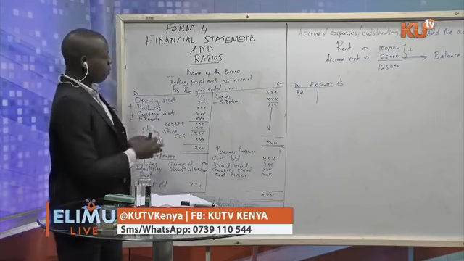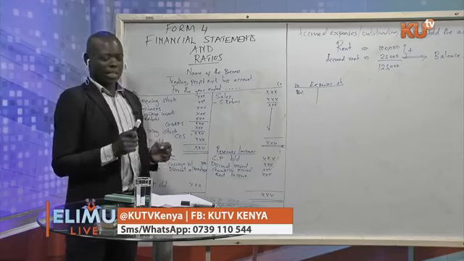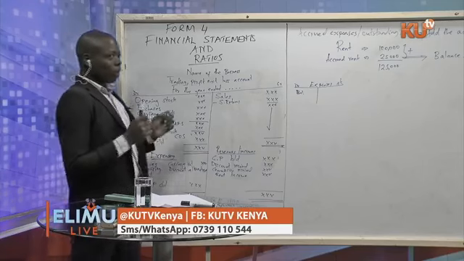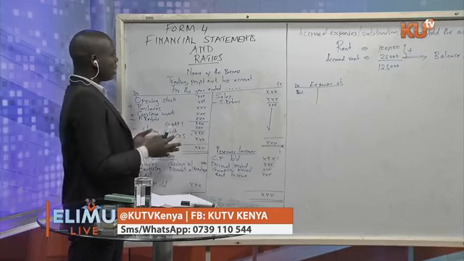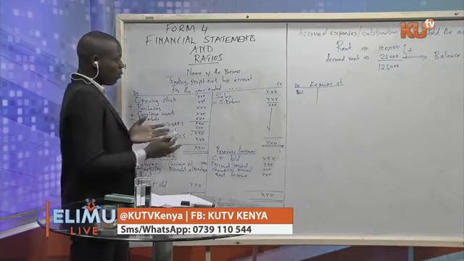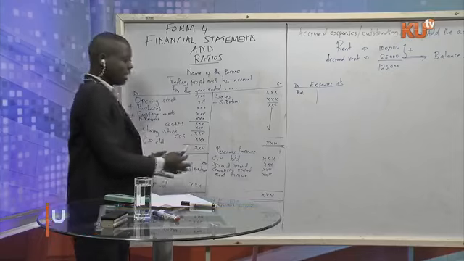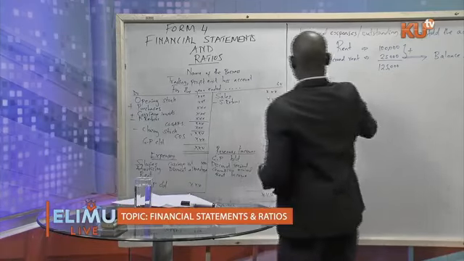Now, number two, once we know how to prepare the trading profit and loss account, we need to understand how we are going to calculate the ratios, because this topic is about financial statements and ratios. So how do we calculate ratios from these statements? That is what I want us to discuss now.